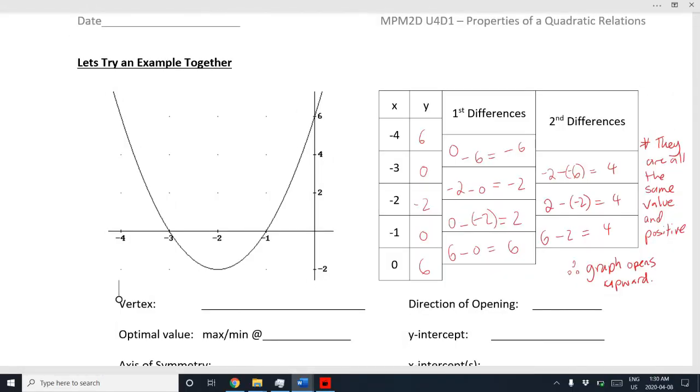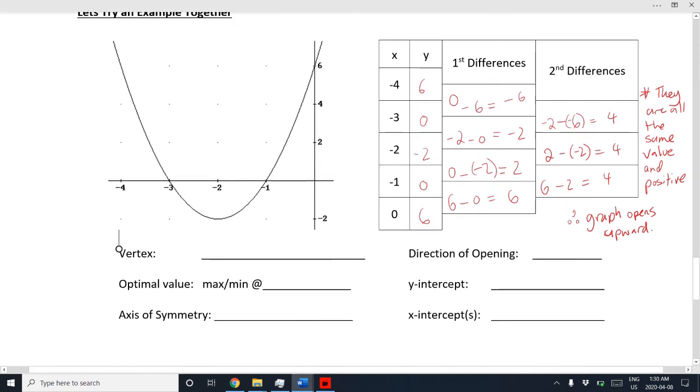Now, let's look at other properties of this parabola. The vertex, that's going to be the lowest point on our graph, the lowest vertical value. And in this case, we can see the vertex occurs right over here. The coordinates of the vertex will be (-2, -2). And so we'll just state that down here on our line, (-2, -2).